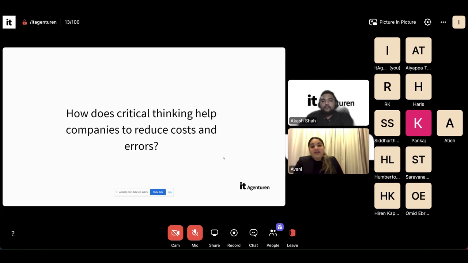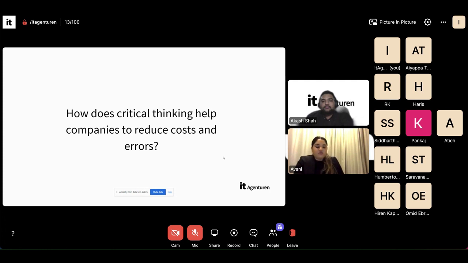Yeah. I mean, for a critical thinker, especially in companies, and this could be a startup or a scale up, it is very important that the cost is as per the budget and in a controlled manner, and there are fewer errors, and to an extent, no errors.